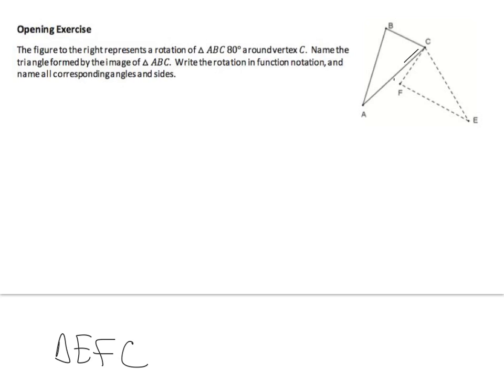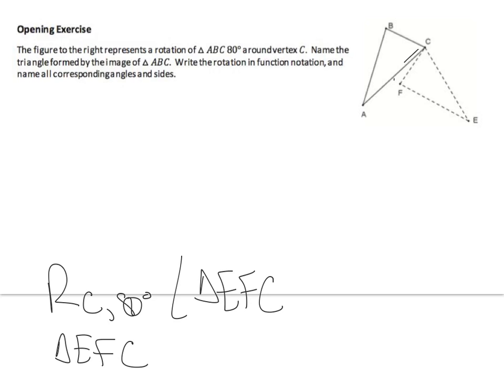Write the rotation in function notation and name all the corresponding angles. So let's do the rotation. We have a rotation about C, 80 degrees, of triangle ABC.